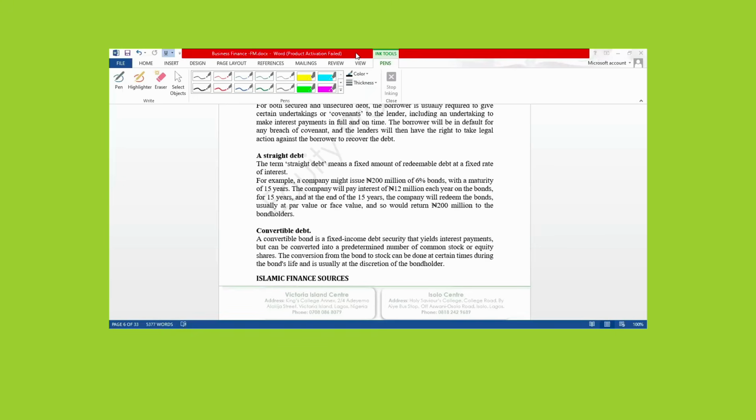Please note, preference shares, we also call it preferred stock, is a special form of equity.